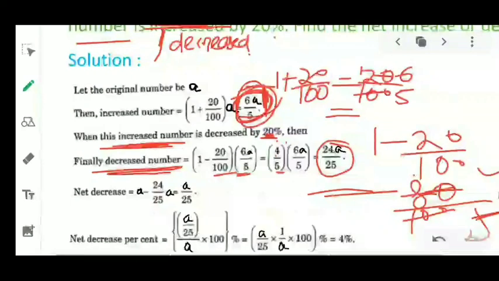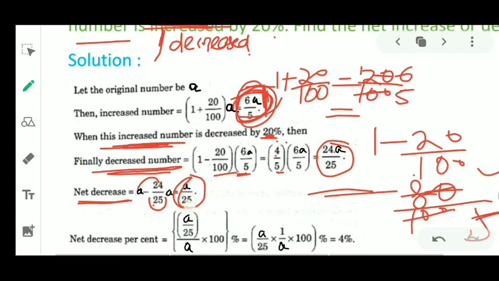by 25. Now the net decrease means the decrease value equals the original number a minus 24a by 25. So a minus 24a by 25 will become a minus, because 25 into a is 25a. Then 25a minus 24a equals a, and the denominator is 25.